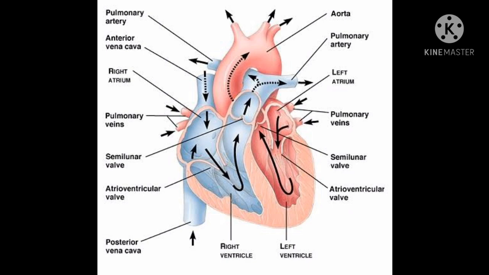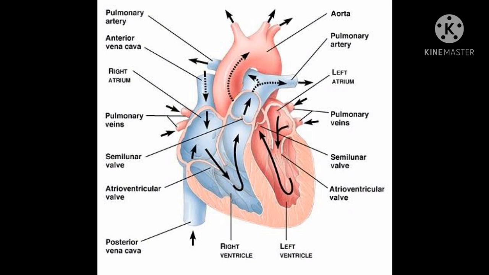The oxygenated blood is then collected in the left atrium with the help of the pulmonary veins. Two arrows from the left side and 2 arrows from the right side mean 4 pulmonary veins collect oxygenated blood into the left atrium.